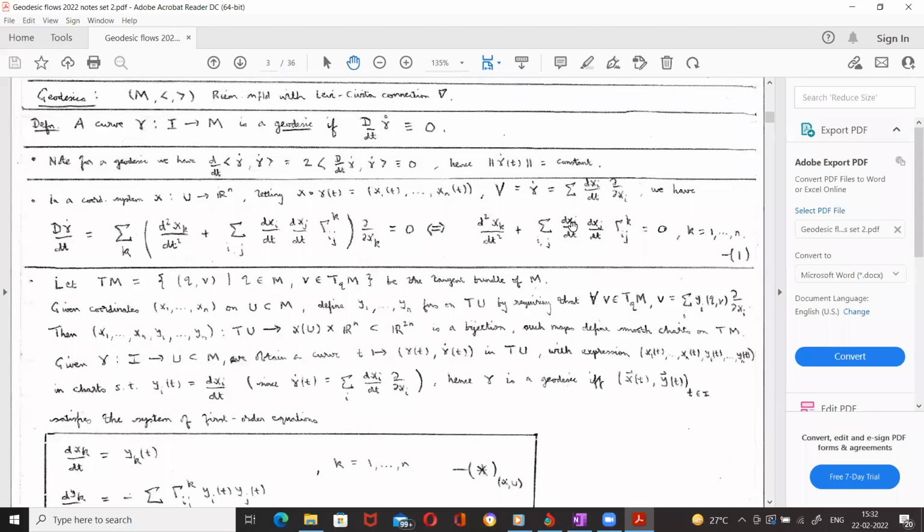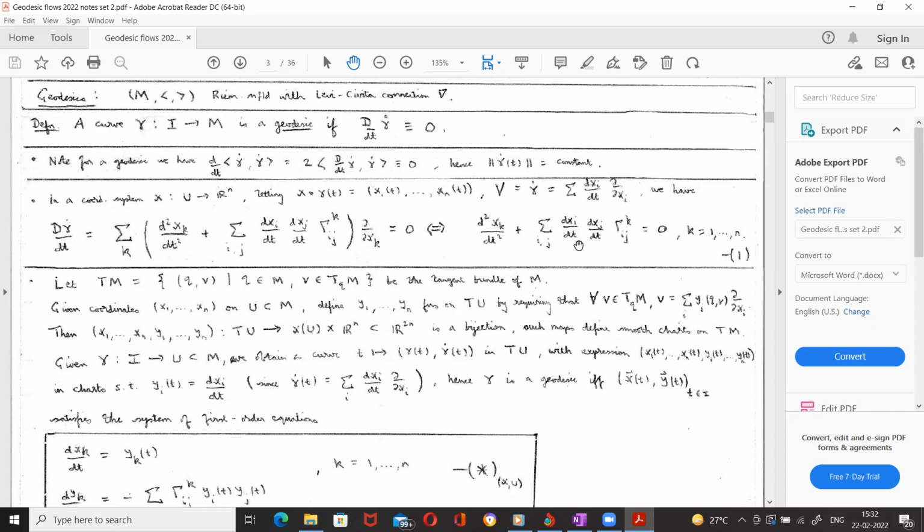So this covariant derivative d gamma dot/dt is like the usual acceleration. It's d squared xk/dt squared. This part is the usual acceleration, but then there's a correction term coming from the Christoffel symbols.